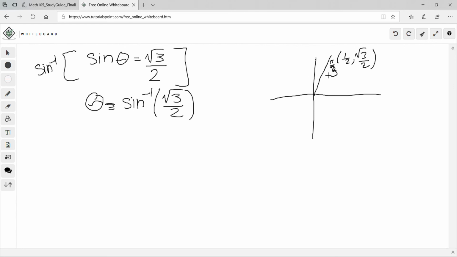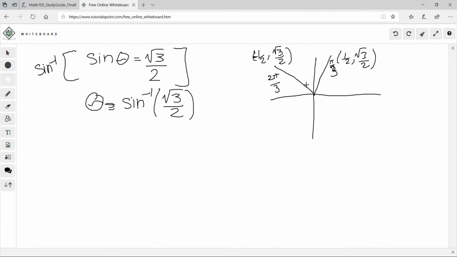And where else can we use? 2 pi thirds, so this is negative 1/2, comma, positive root 3 over 2. I don't think we can use quadrant 3 or quadrant 4.